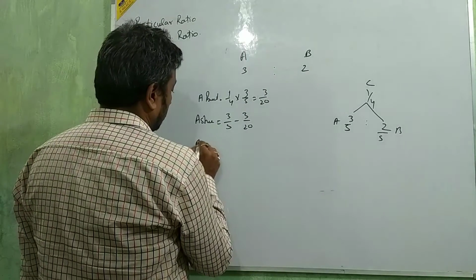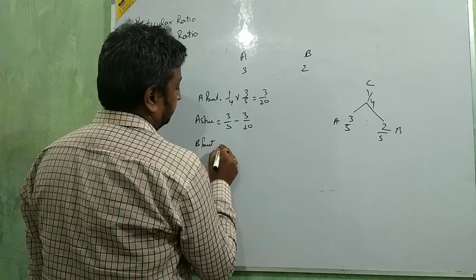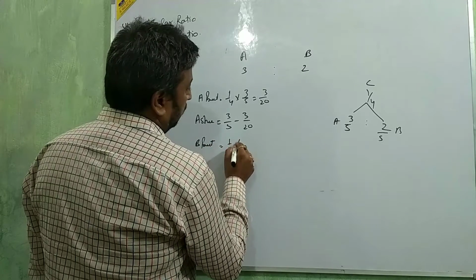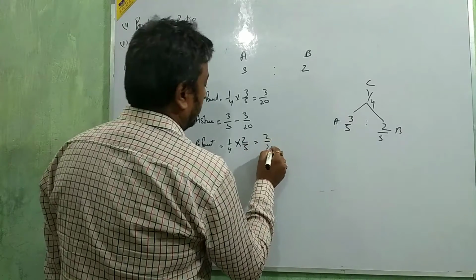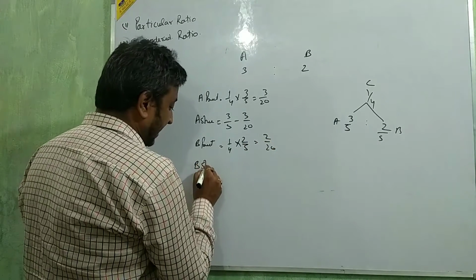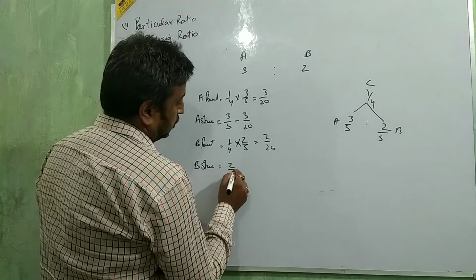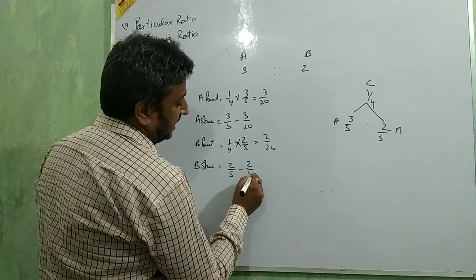Then B's part: 1/4 into 2/5 is equal to 2/20. Then B's share is 2/5 minus 2/20.